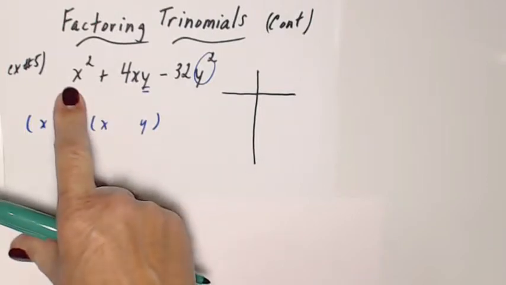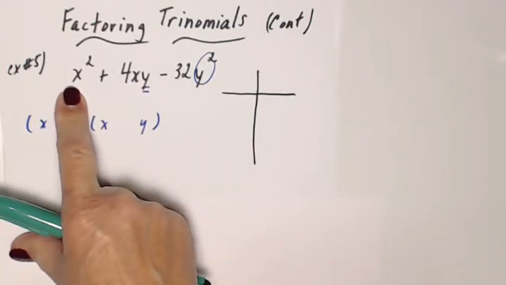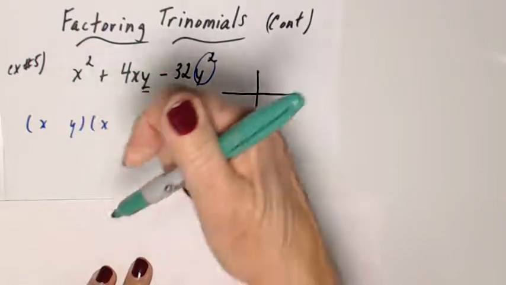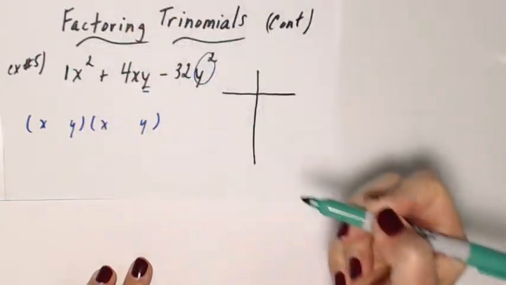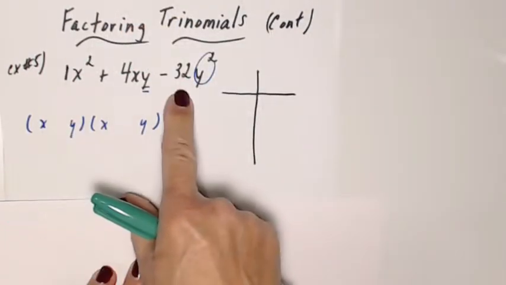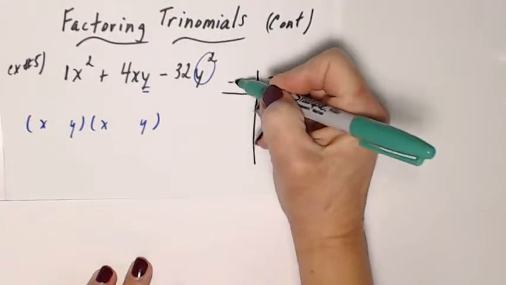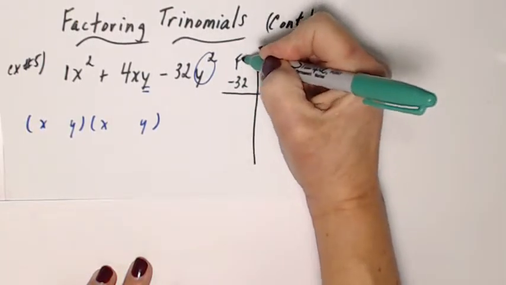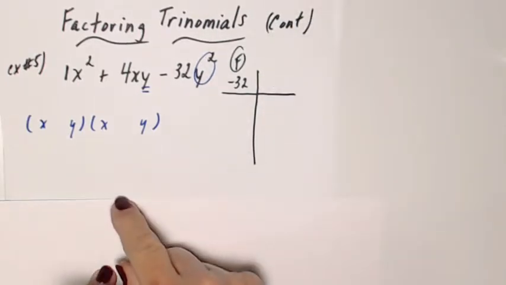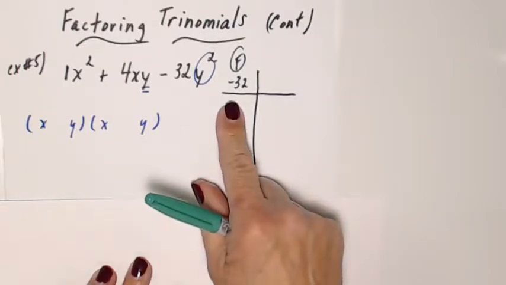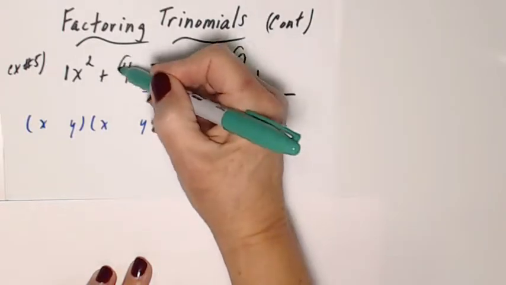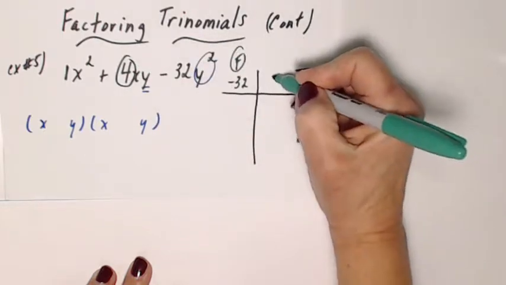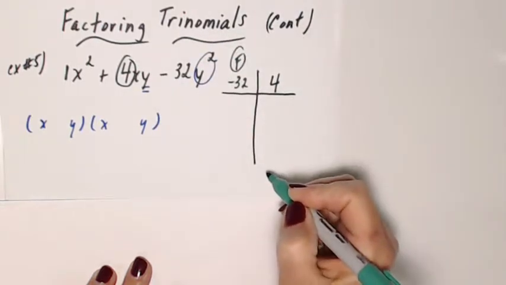When we look at this x squared, we don't see a specific number there, so we know that's that invisible implied 1. 1 times negative 32 is negative 32, so this is going to be the number we're considering factors of. Then we're looking for the combination of factors of negative 32 that add to this 4 here, the number for the middle. So I'm going to put the 4 in there.